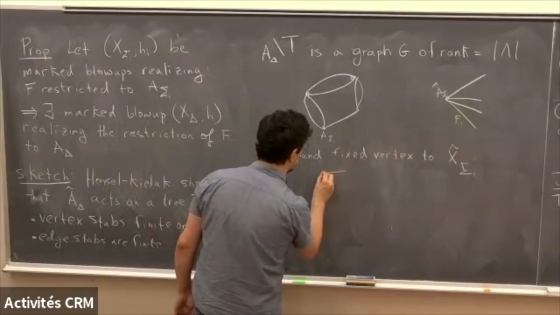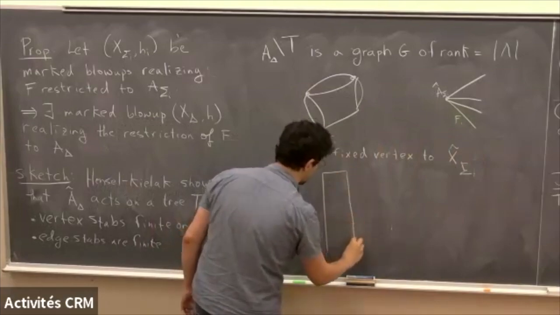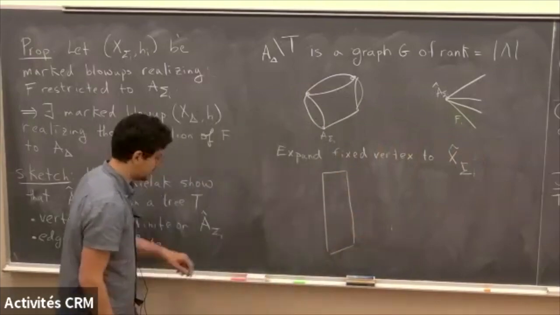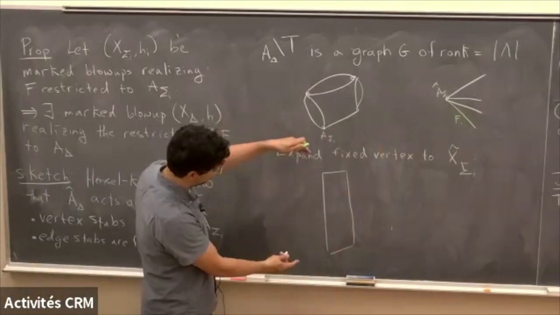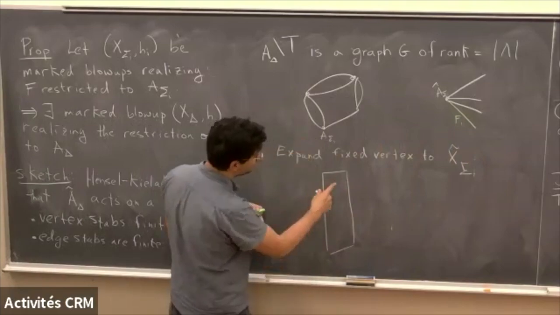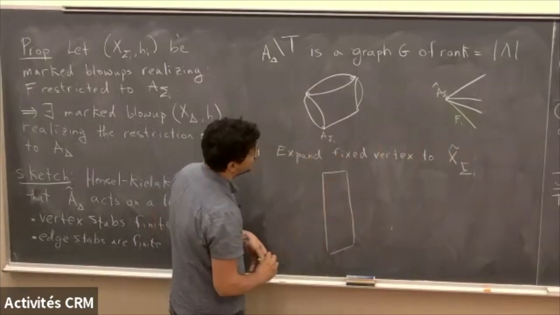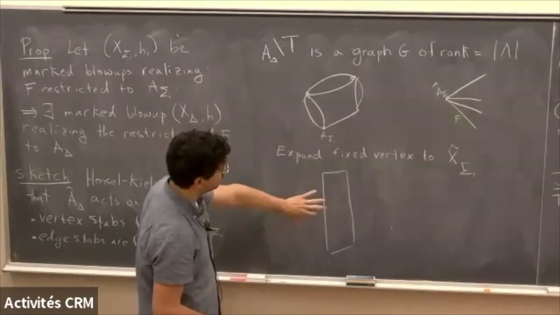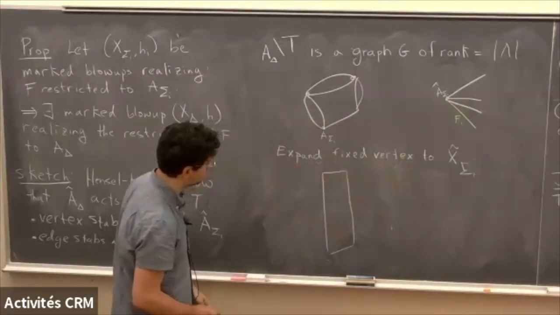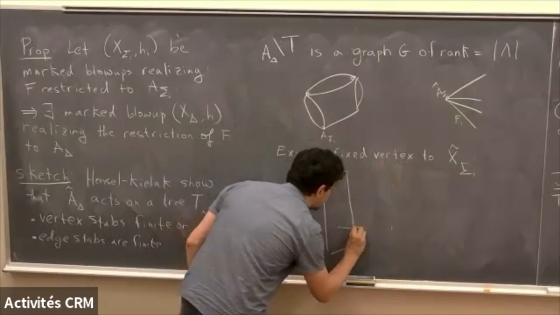Okay, so I can, at the expense of overusing the word blow up, blow up this vertex to a copy of the universal cover. And now you have this finite group acting on the universal cover, which is a CAT(0) cube complex. So there's some fixed point.